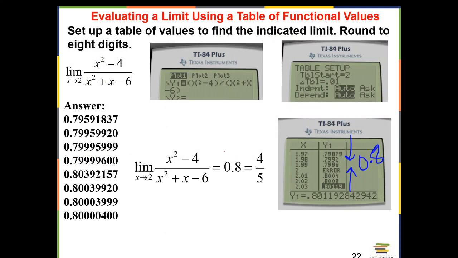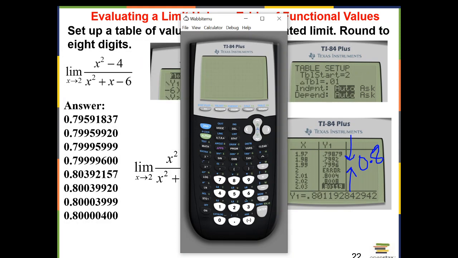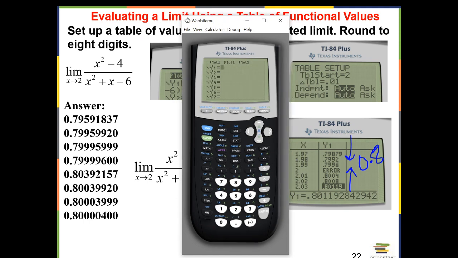All right, so one way to figure out what the limit of a function is, is by just looking at the function values. Let's do it with a calculator. We are going to put this function in the calculator.